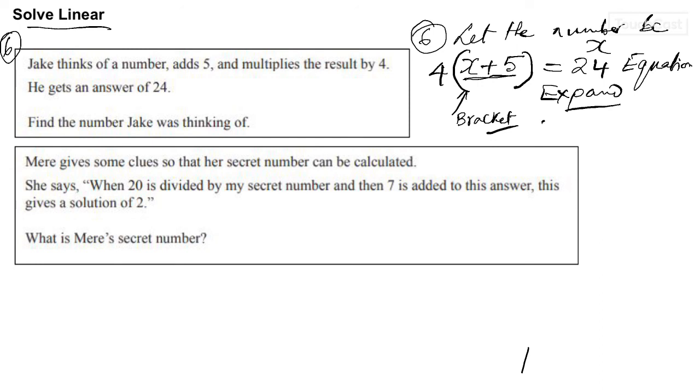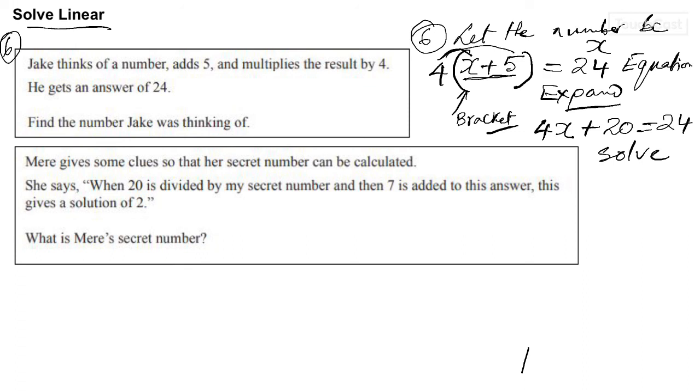4 lots of x, expanding it means removing brackets: 4x plus 4 times 5 is 20, equals 24, and then solve it. 3 steps: equation forming, expanding (removing the bracket), and solving.